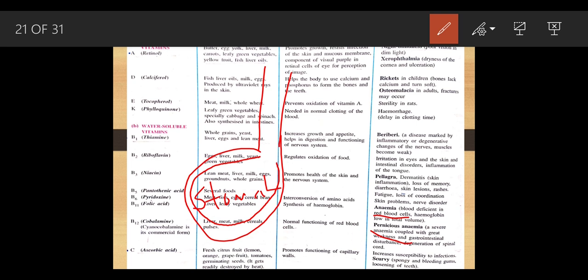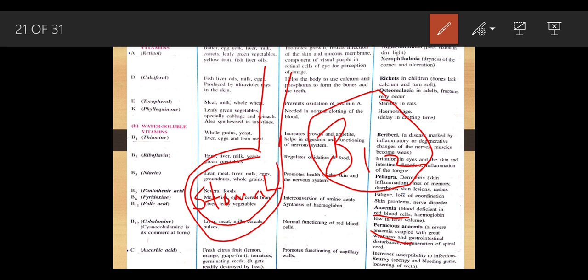If the lining of the stomach is quite weak, it won't be able to absorb vitamin B12, found in liver, meats, milk. And when a person is unable to absorb this B12, it causes a problem called pernicious anemia.